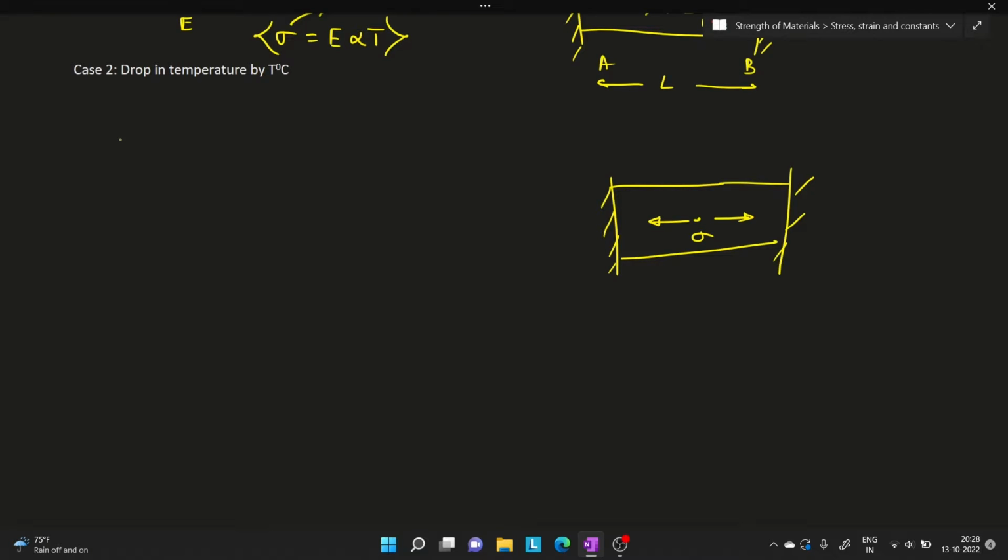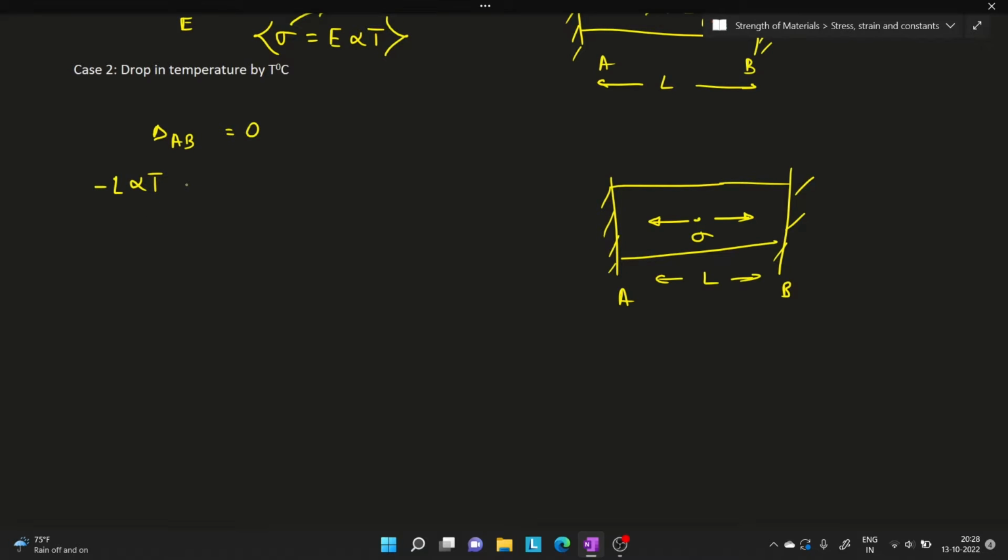Here again the same thing. Let's say the length is L, and I'll call the ends A and B, the total delta AB will be equal to 0. Now delta AB is given by, first of all, if this bar is free to contract, the change in length would be L alpha T, so this would contract.